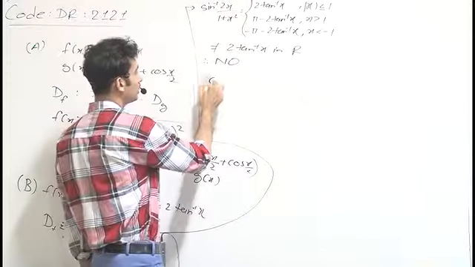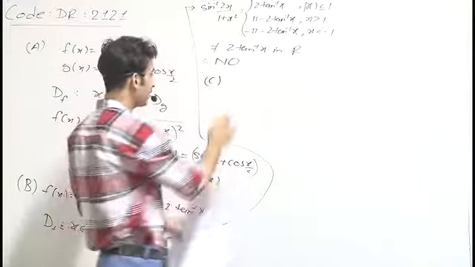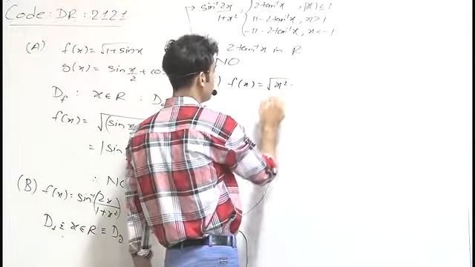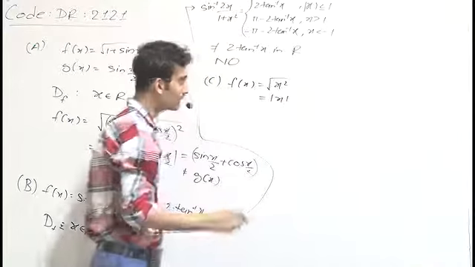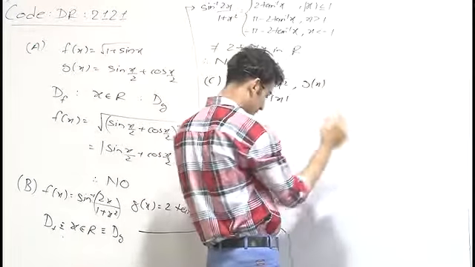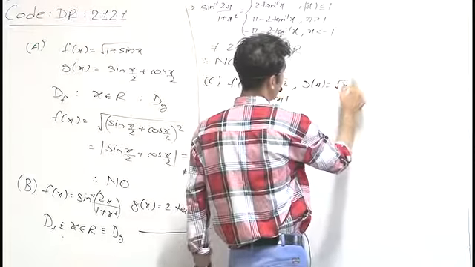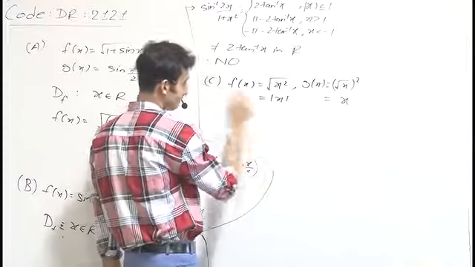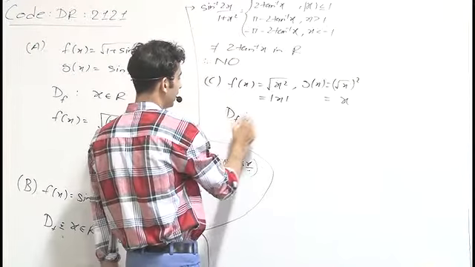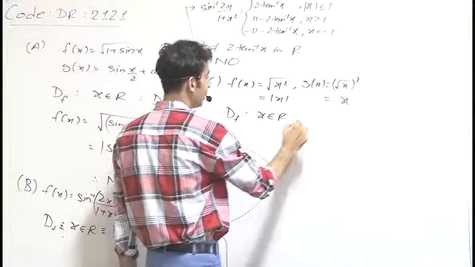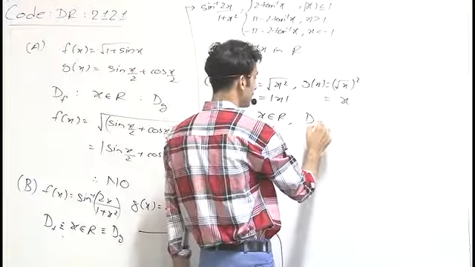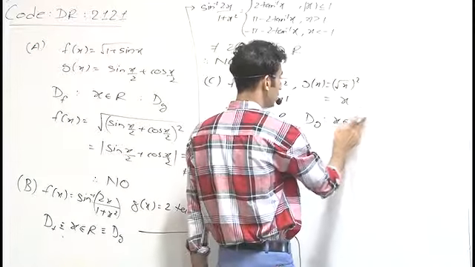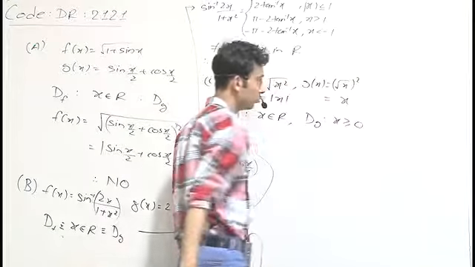Now we will go for option C. In option C, we have f(x) as under root x square, which can be rewritten as mod x, and g(x) is given as (under root x) whole square. So g(x) can be written as x. As we can see, the domain of f(x) is x belongs to R, whereas the domain of g(x) is x greater than or equal to 0.